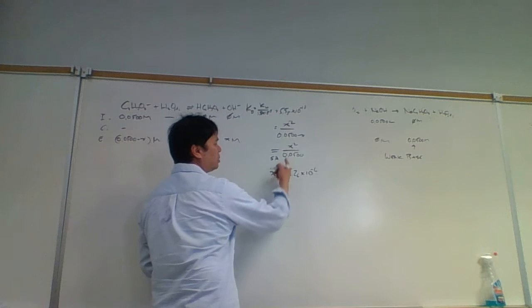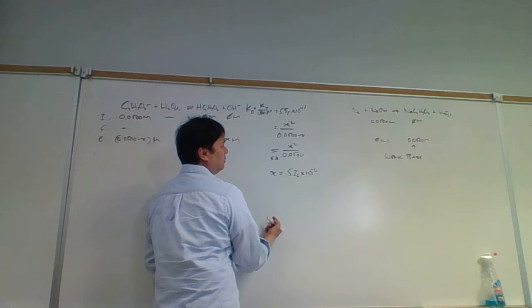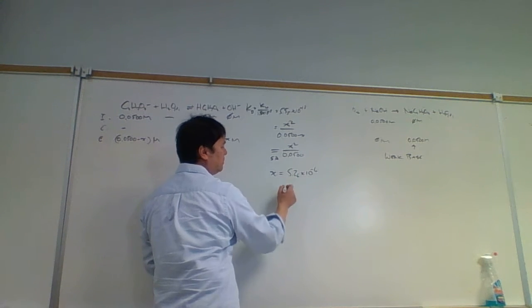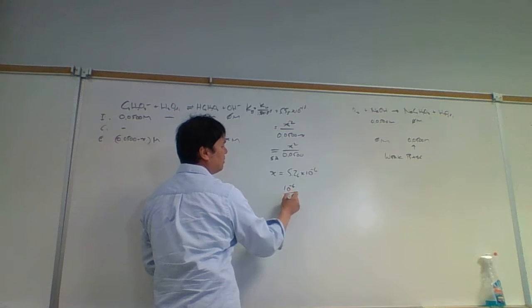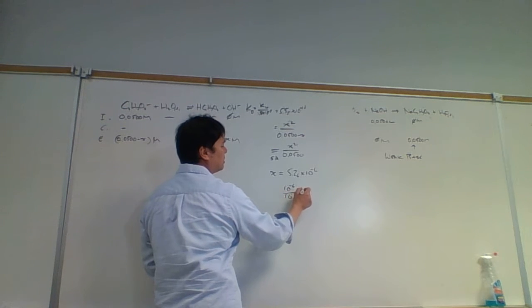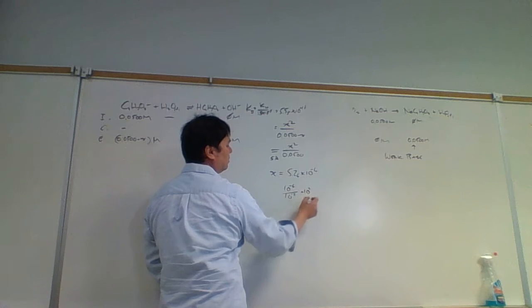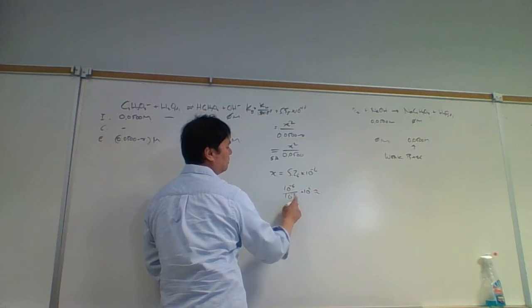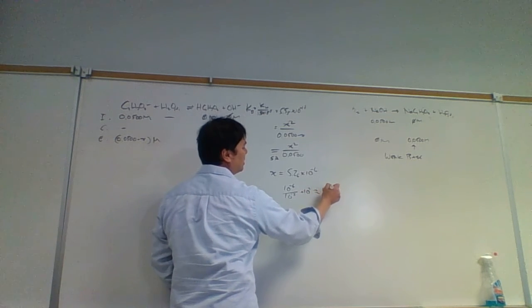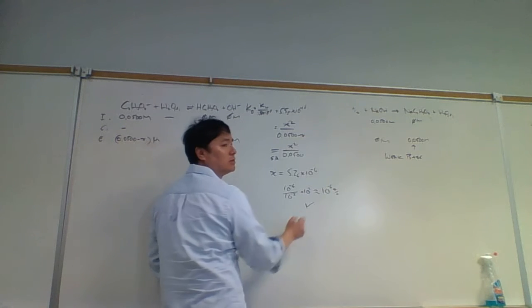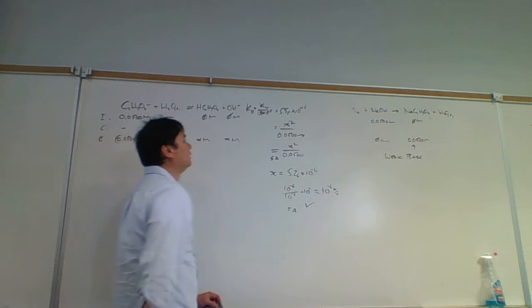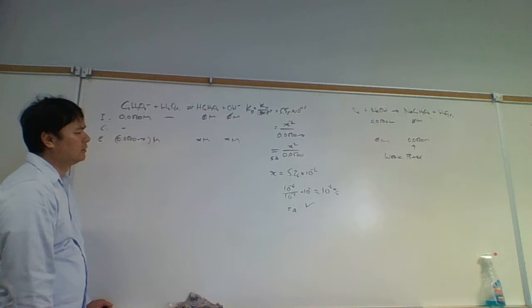If we look at the percent change, this is 10 to the minus 6 change over 10 to the minus 2 initial times 10 squared, which gives us about 10 to the minus 6% change. And so the simplifying assumption is no problem, right? Is that right?